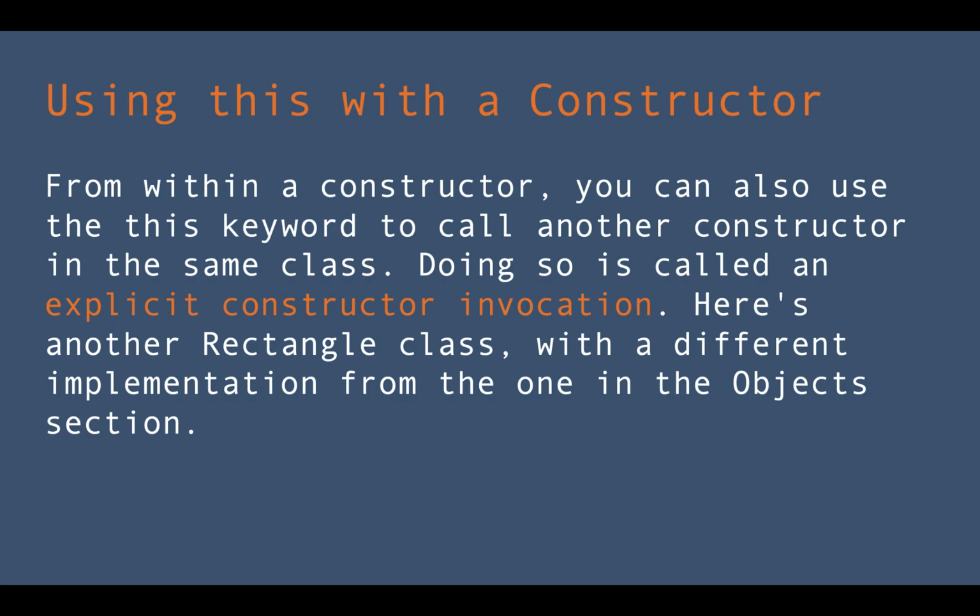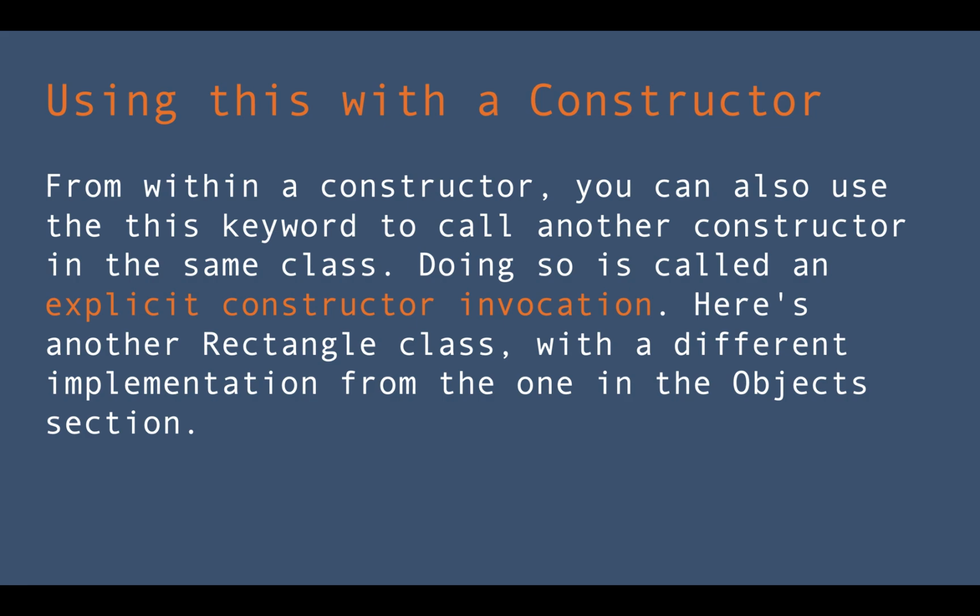I mean, you only write constructors once, but you use parameters all the time in a class. But I'd say this is maybe the more meaningful modification, and we use this from within a constructor to call another constructor in the same class. So most commonly, we'll see this used by a default constructor to call the packed constructor. Okay, so let's just look at an example of it, and I think it will make sense.